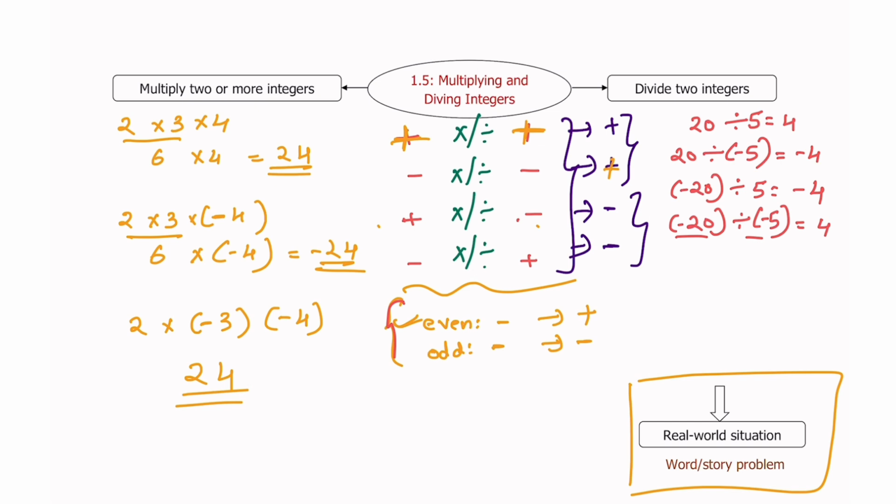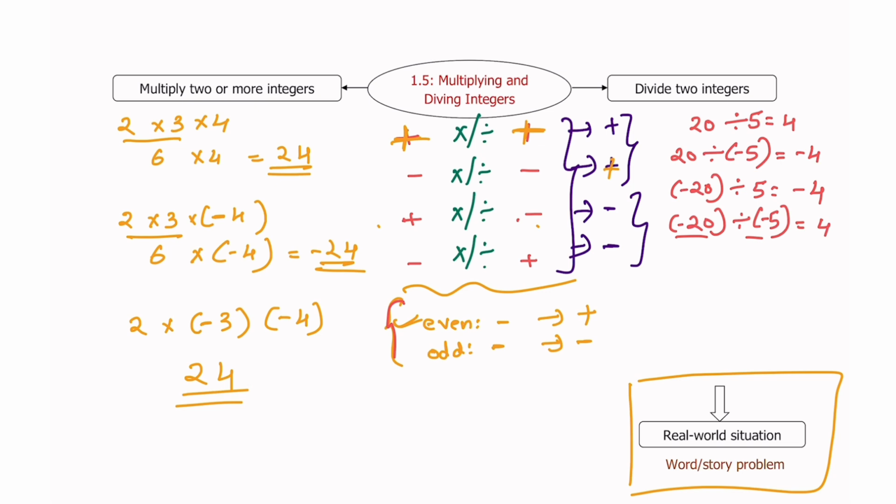Two basic things here, multiplication and division, and the rules are the same. Plus times, or plus divided by, plus is plus. Minus times, or divided by, minus is plus. Plus times, or divided by, minus is minus. Minus times, or divided by, plus is minus. So when it's just plus, you know what you have to do, it's plus.